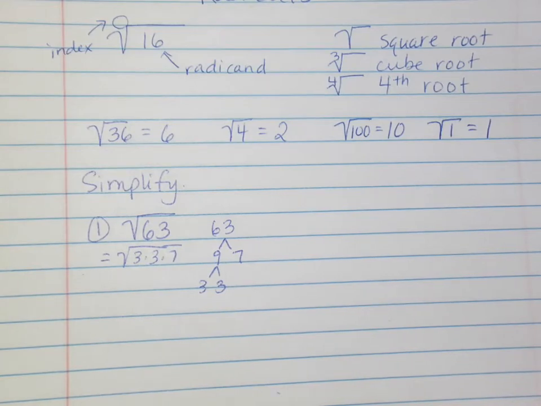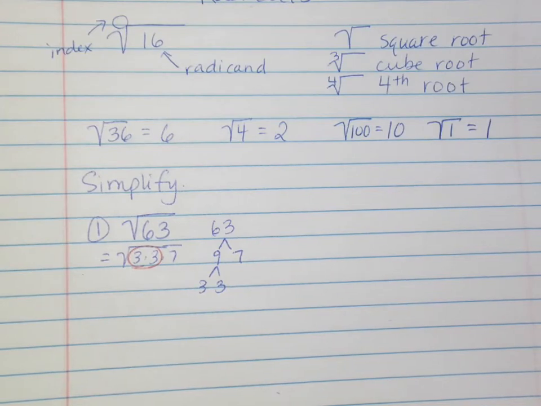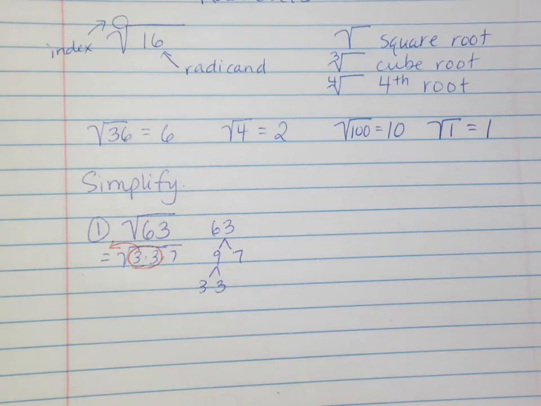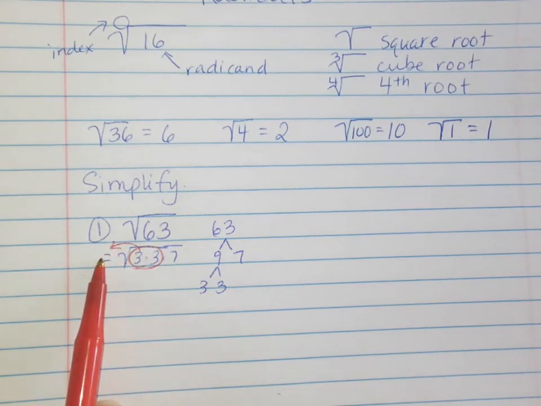Since this is a square root, we know square goes with the exponent 2, right? So we're looking for groups of 2. We're looking for pairs. And 3 times 3 would be a pair of 3s. So that means I'm going to bring out one of those 3s. For every circle you make, only one number comes out.